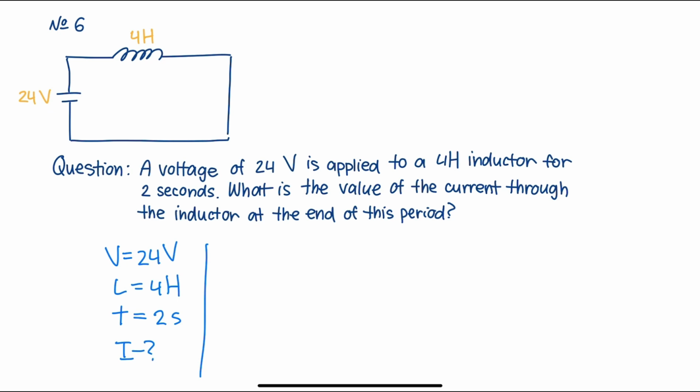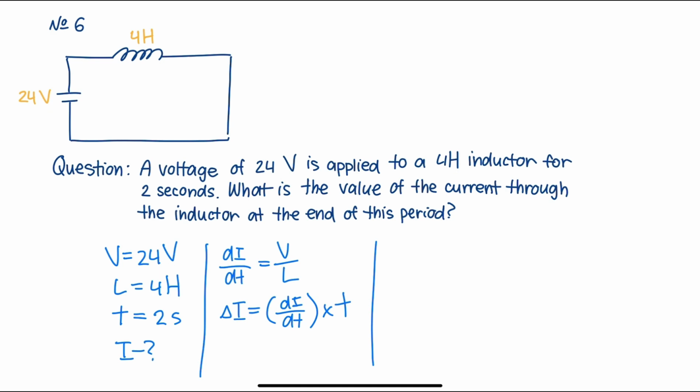The one we're going to rearrange from the previous question, which is di over dt equals V over L. And for I, it's delta I equals di over dt multiplied by t.